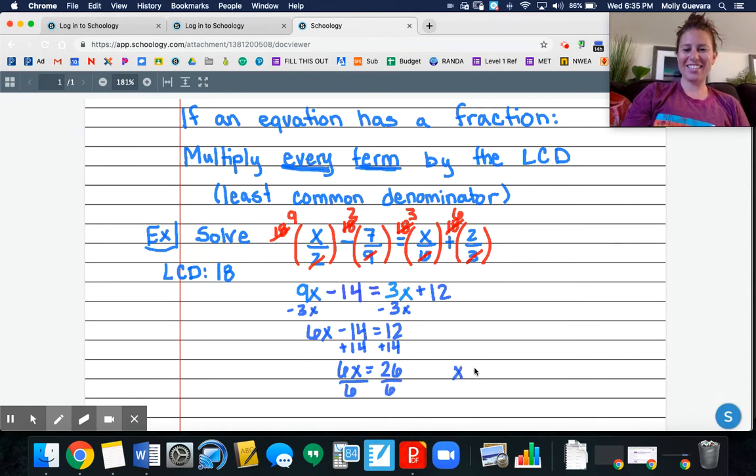And so I get x is equal to 26 over 6. But that reduces. So 26 over 6, we can divide both of those by 2. So I get 13 over 3. So there's one solution here. And the solution is 13 over 3.